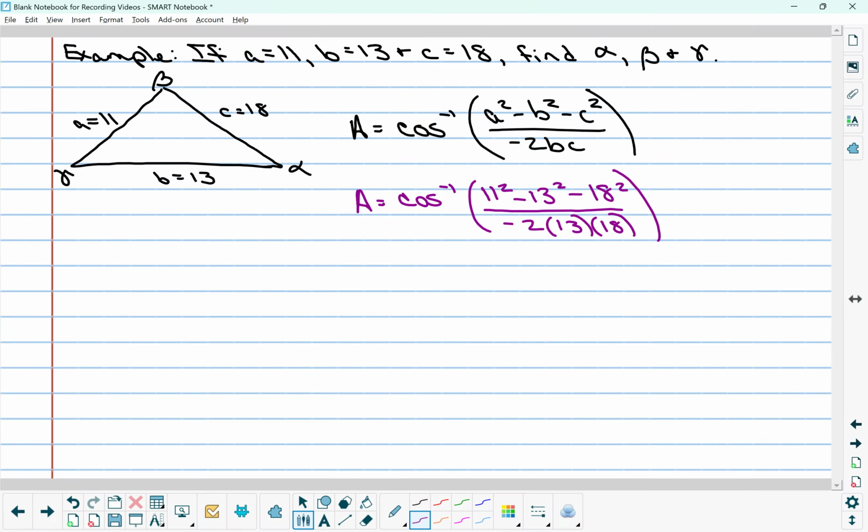And when you do these, I would highly recommend that you get a number for this and get a number for this separately. And there's a reason that I would recommend you do that. When you do that here, you get a negative 372 over a negative 468.